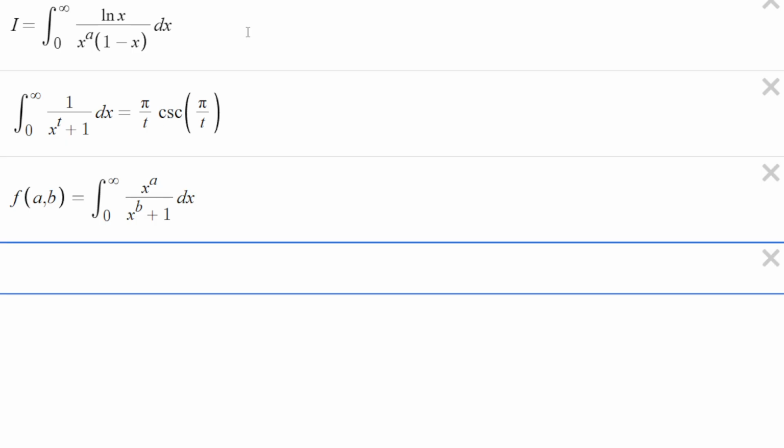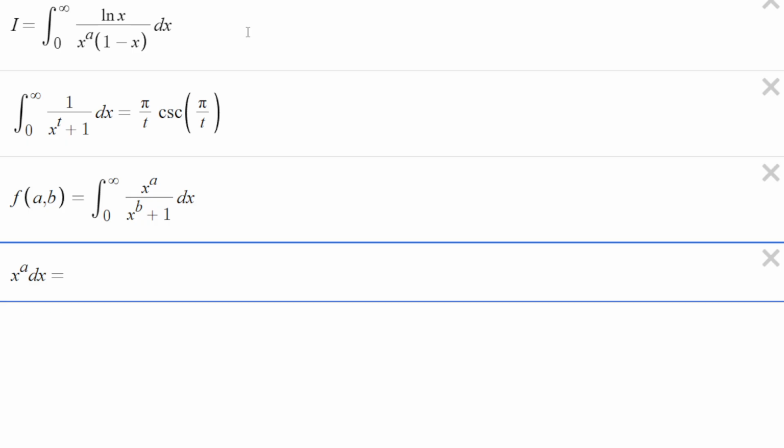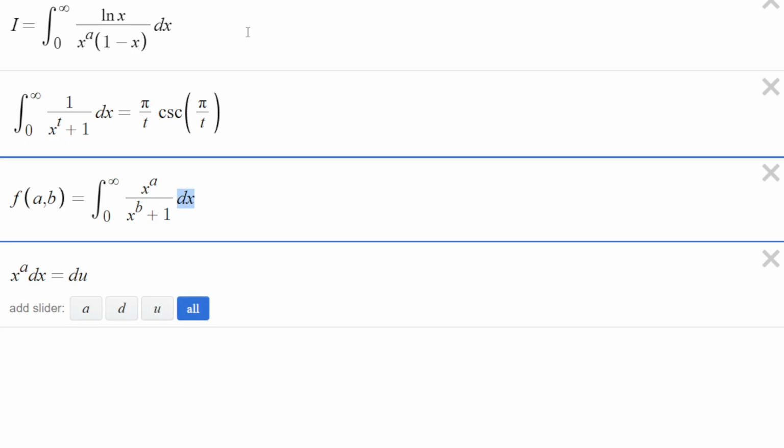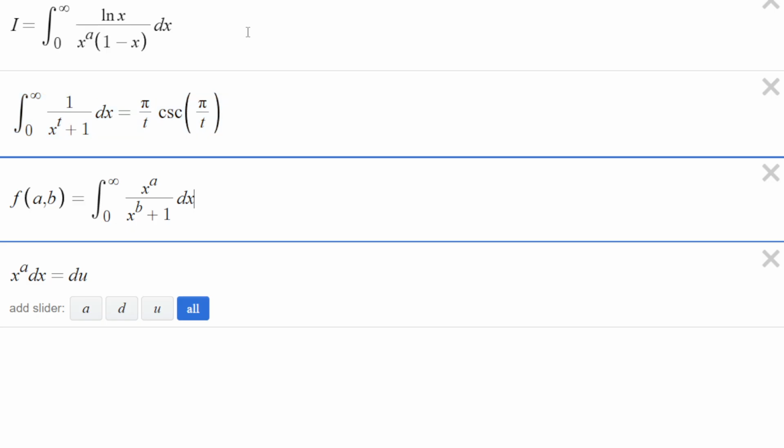All right, and then we're going to make a substitution. We're going to let x to the a dx be equal to du. That is so we can make this just a 1 over something du, which is the form we want in order to be able to use this formula.